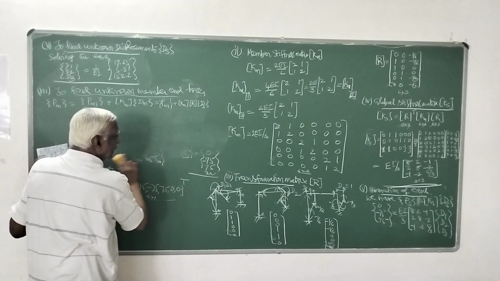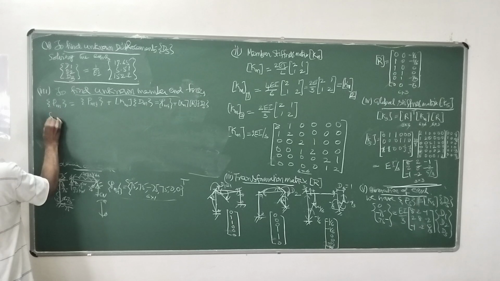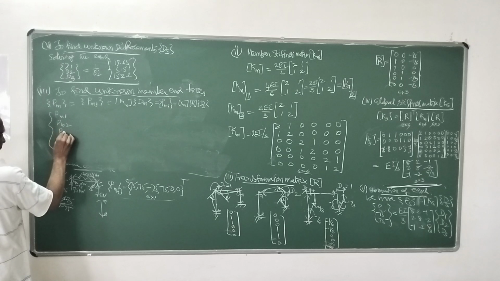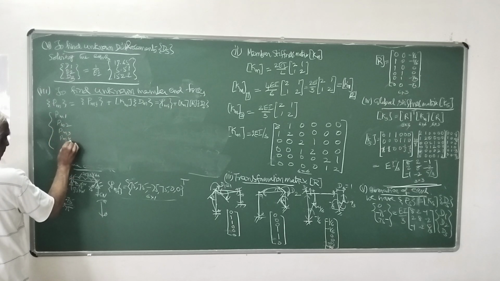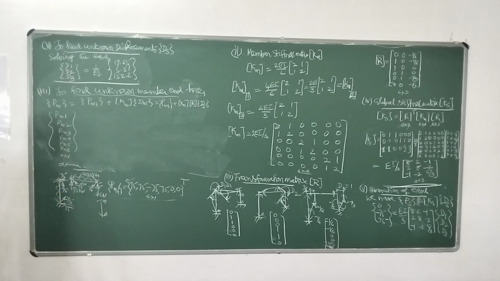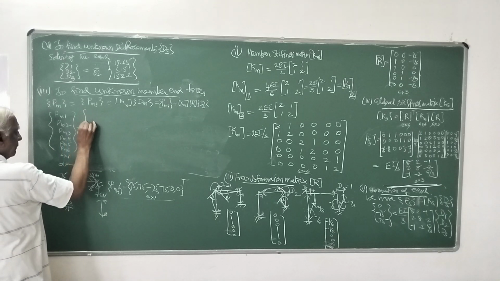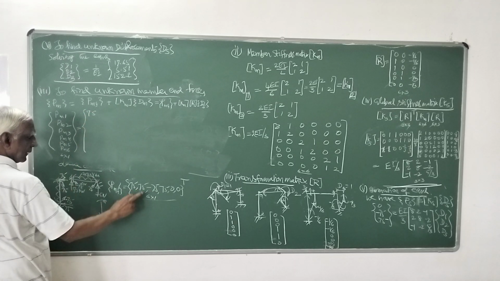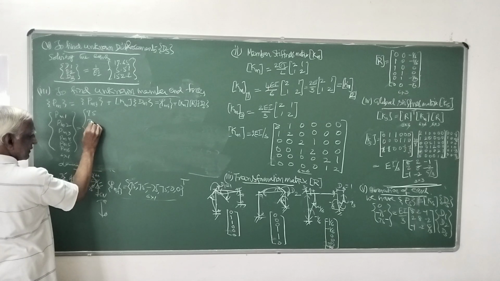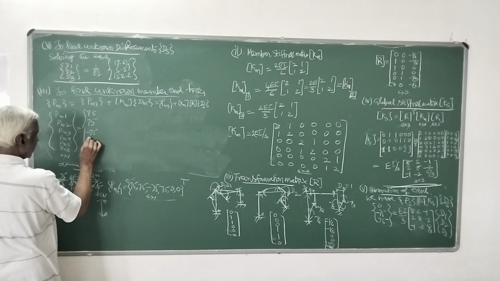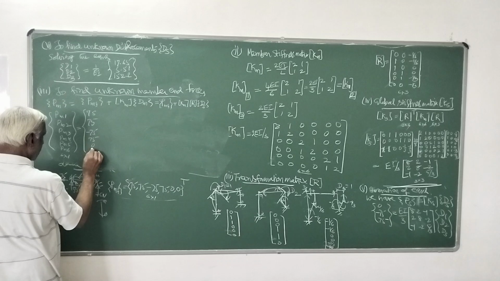Therefore, your PM, that is PM1, PM2, PM3, PM4, PM5, PM6, is a 6 by 1 matrix that is equal to PMF, corresponding to the 6 member end actions, which are 75, 75, minus 75, 75, and 0, 0.